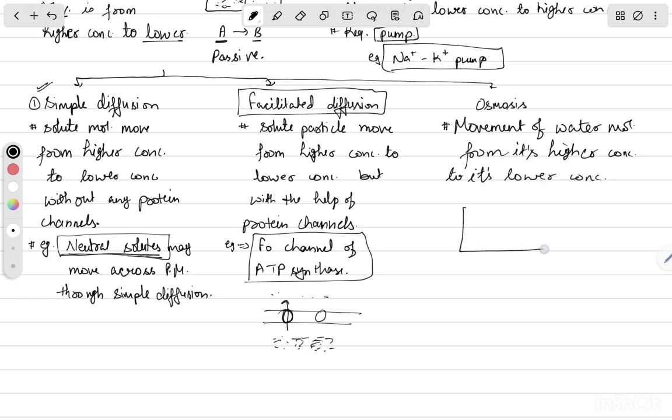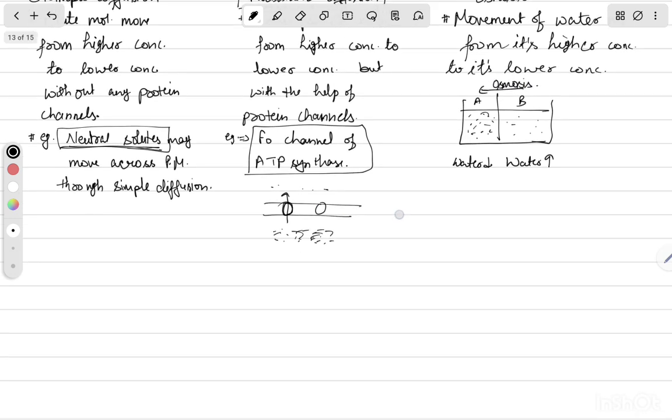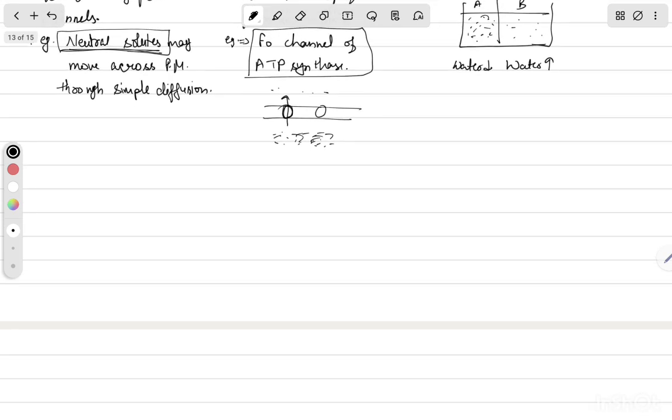Suppose we have a system separated by a membrane. Concentration of solute is higher towards side A and lower towards side B. Then concentration of water is higher in B section and lower in A section. So movement of osmosis will be from B to A. That is the direction of osmosis.